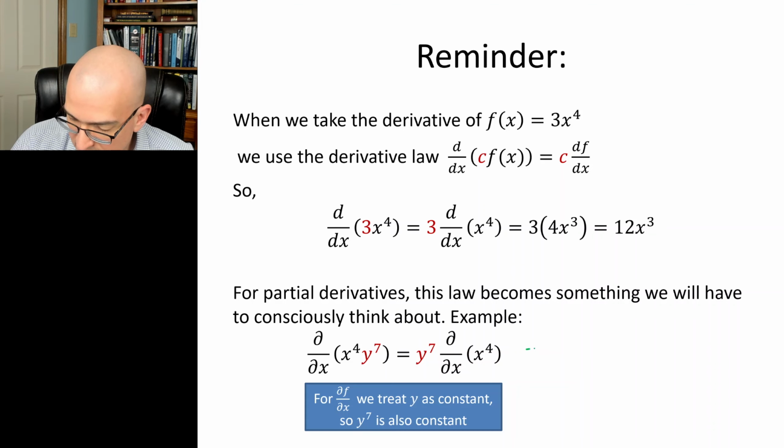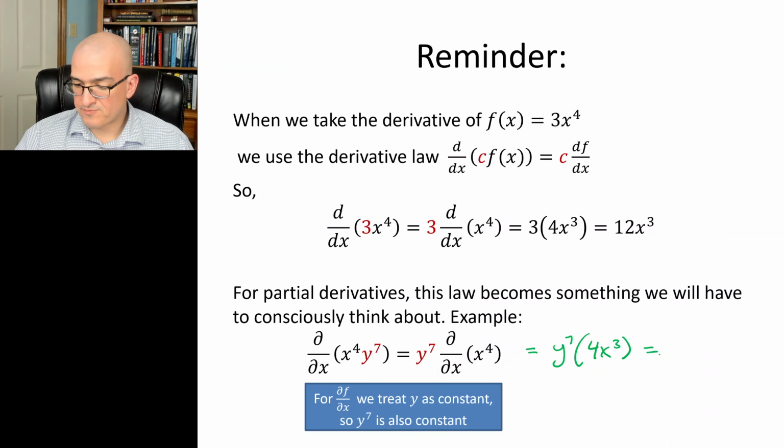So I'll just break down the answer here. We'll get y to the 7 times 4x to the power 3. And then, as is traditional, constants go in front, and then x values go afterwards, and then y values go after x values. Now if there are z values, they'd go after that.